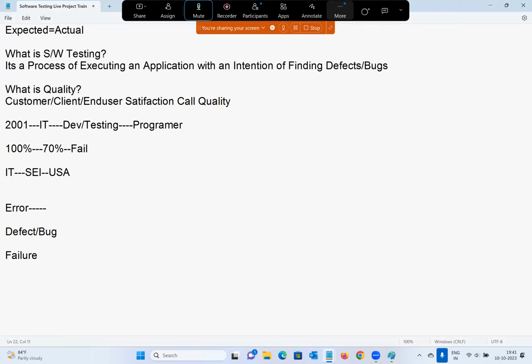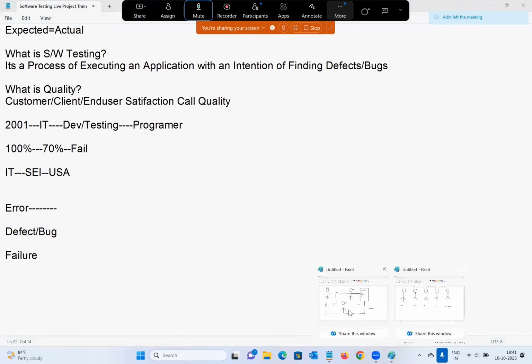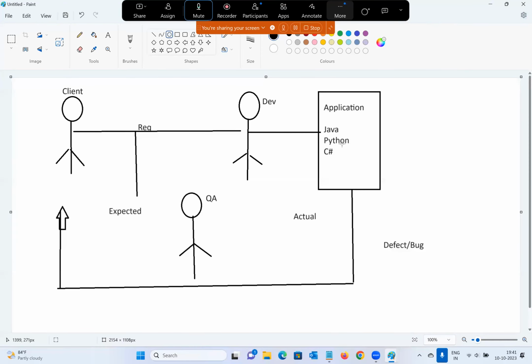While writing the code, if the programmer finds any mistake in the coding part, it is called an error. Developers use different technologies such as Java, Python, C Sharp to develop the application, and they prepare some code. If the programmer finds any mistake in the coding part, it is called an error.